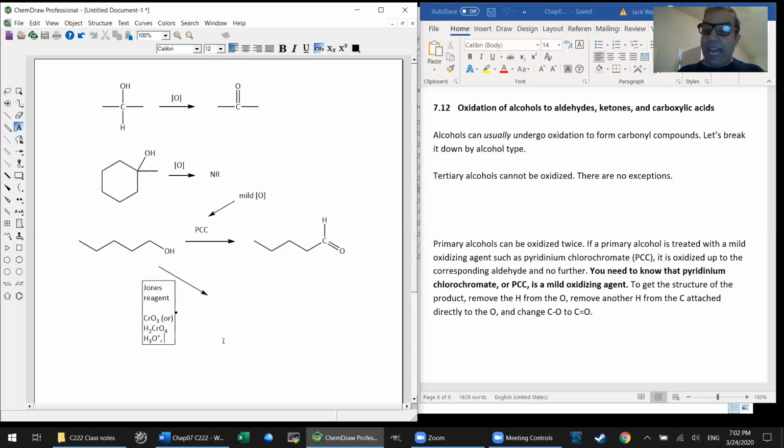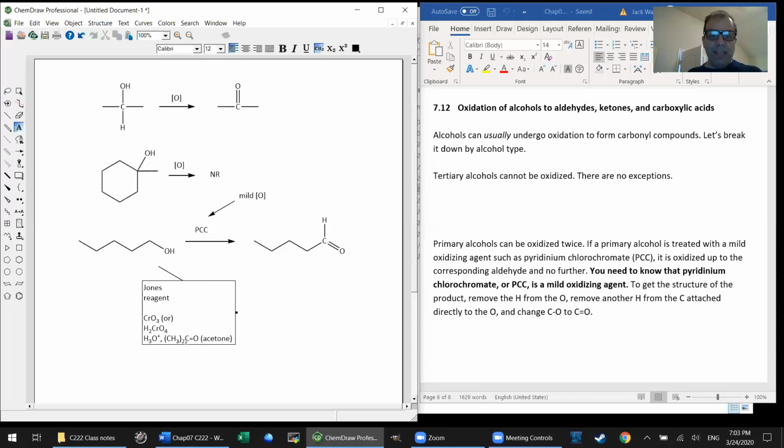But if an organic solvent is also used, then we need to choose a solvent that will not undergo oxidation, one that's not going to react with our Jones reagent. That would be silly otherwise. Otherwise, our solvent would react with our reagent and mess up the reaction. So we want something that cannot undergo oxidation. And the usual choice is acetone, which has that structure.